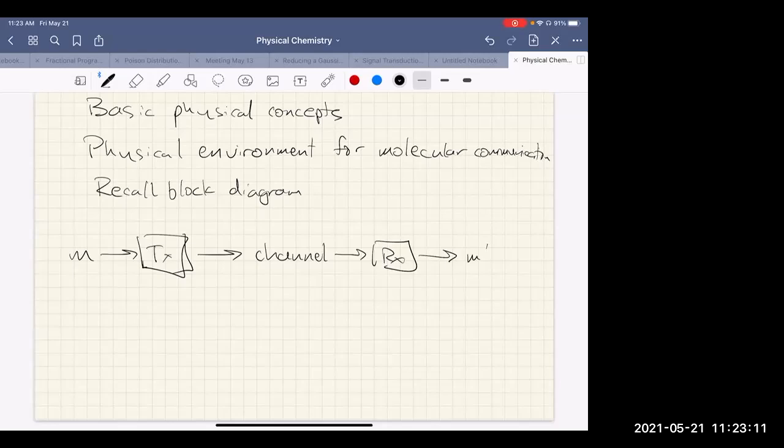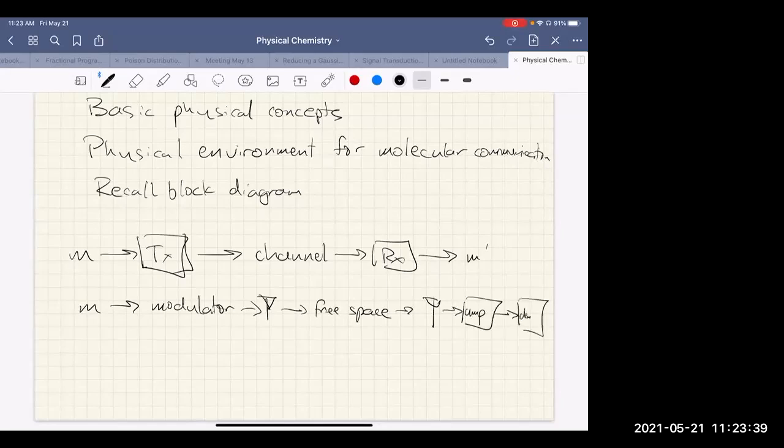Well, let's firstly imagine how this works in communication that we're accustomed to. So we would have a message, we'd have a modulator, an antenna. The environment, the channel would be free space. Then we would have another antenna, an amplifier, and demodulator. And ultimately, out of the demodulator, we would get the message estimate. So you can see how these systems stack up.